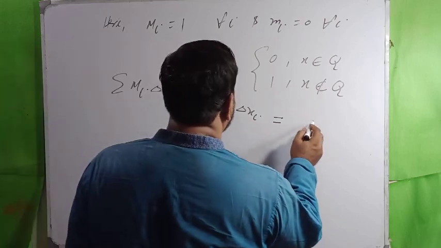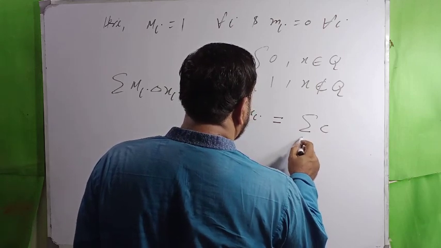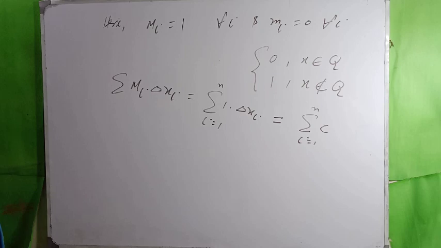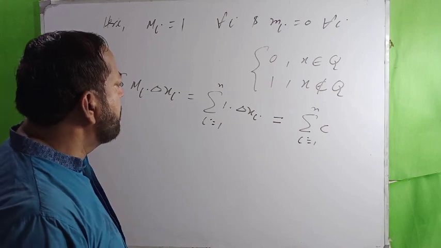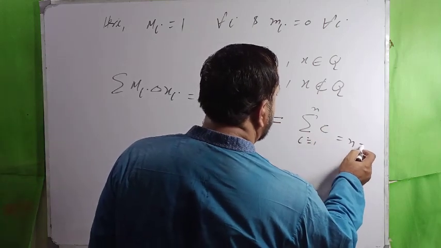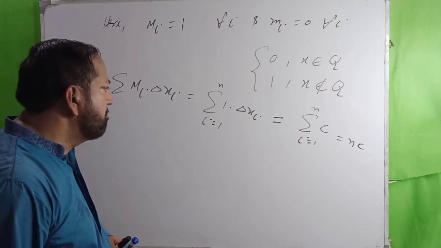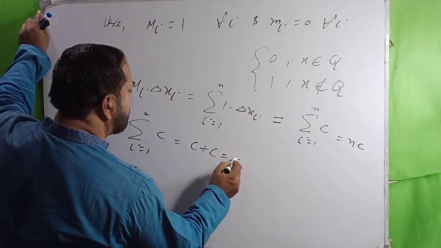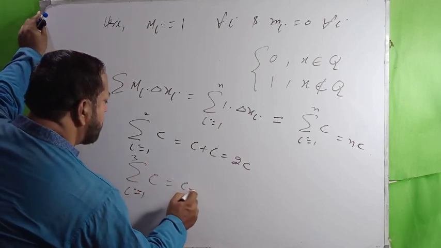Delta xi is c, so this is the summation of c, i varies from 1 to n, and this is nc. n is your constant, and you know that if you add c, i from 1 to 2, this is c plus c, which is 2c, and if c is any constant number and i is from 1 to 3, this would be c plus c plus c.